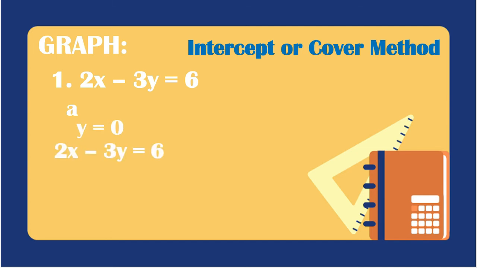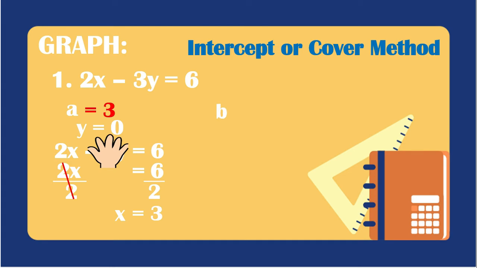Using the given, we will cover the term with y, and the remaining terms are 2x equals 6. In order to get the value of x, we divide both sides by 2. 2x divided by 2 is x, and 6 divided by 2 is 3. So the value of the x-intercept is 3.